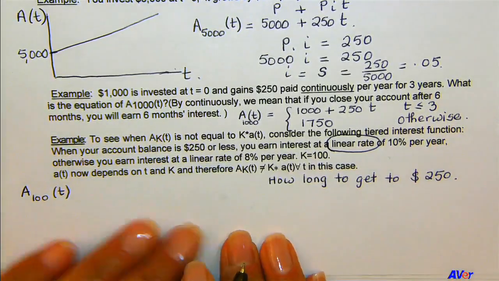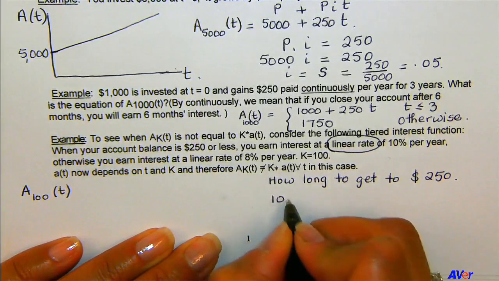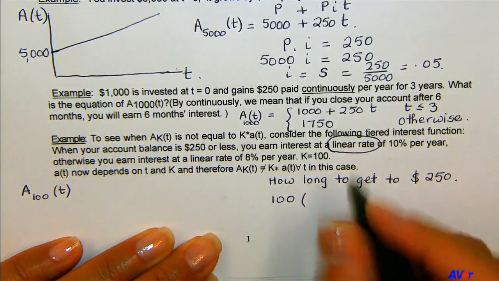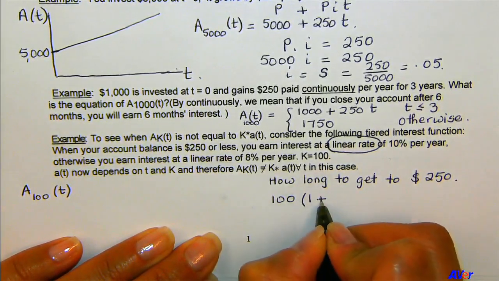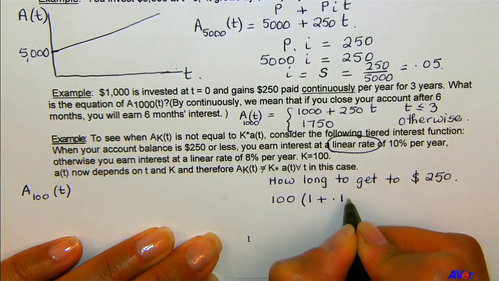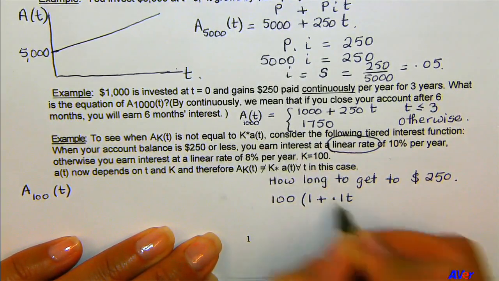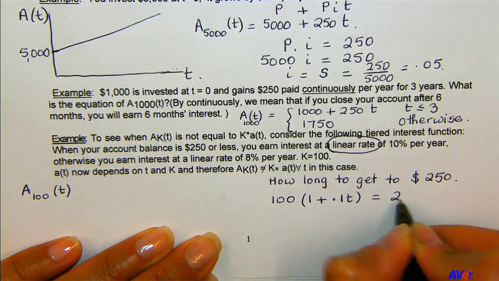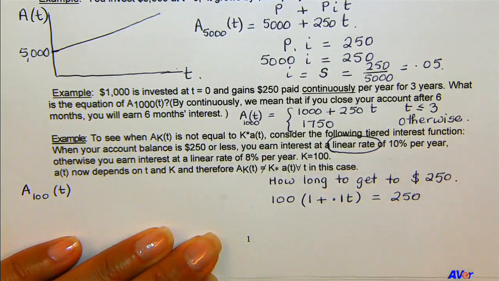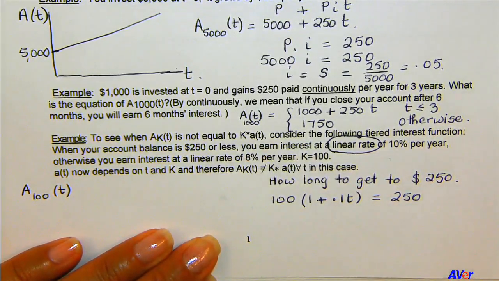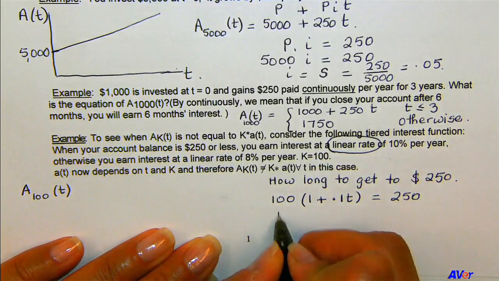So could I do something like this? 100, that's my principal, times 1 plus 0.1t is equal to 250. If I solve this equation, it'll tell me how long it's going to take me to get to 250, right? Let's do it.